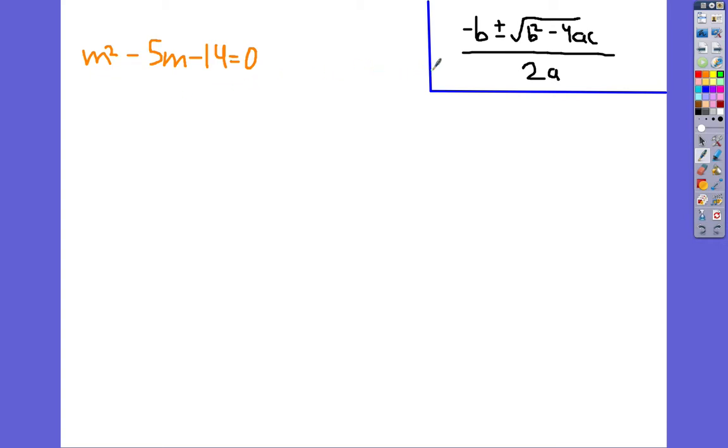So first of all, let's plug in our values into the quadratic formula.